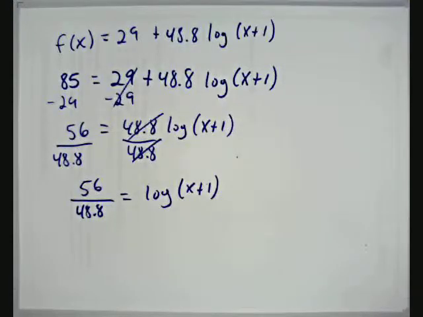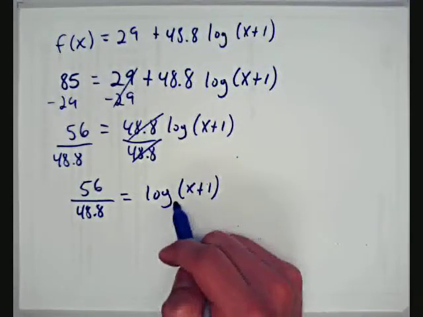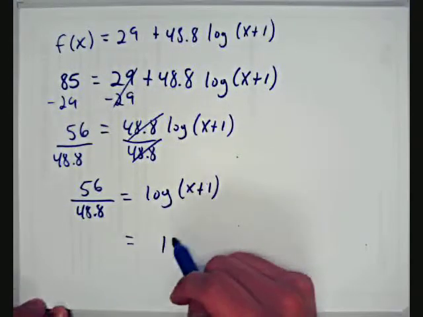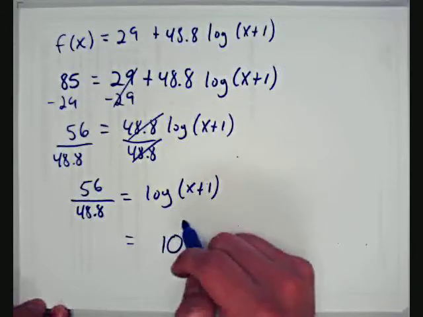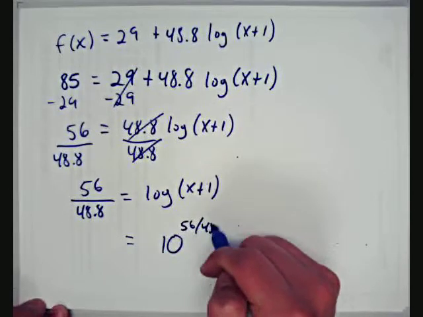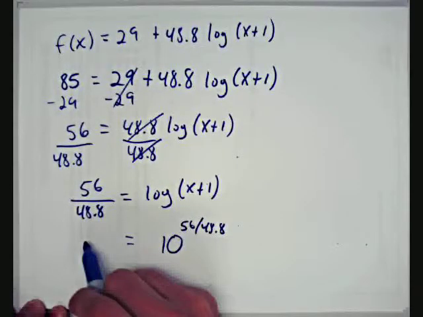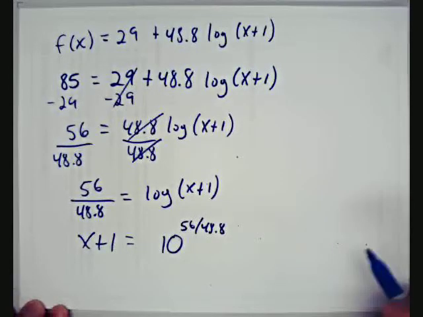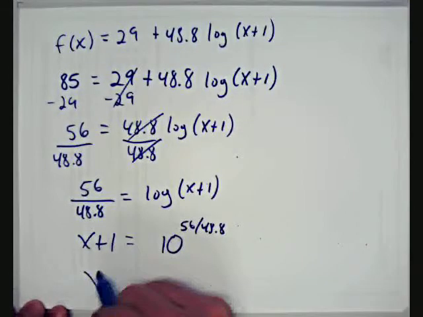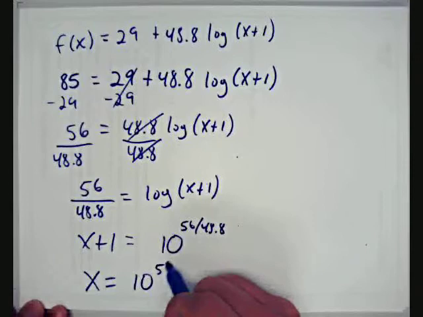Now that this log is alone, I can use the definition of the log. Remember that if there's no base, the base is implied to be 10. So we'll have 10 to the 56 over 48.8 power equaling x plus 1. And then solve for x by subtracting 1.